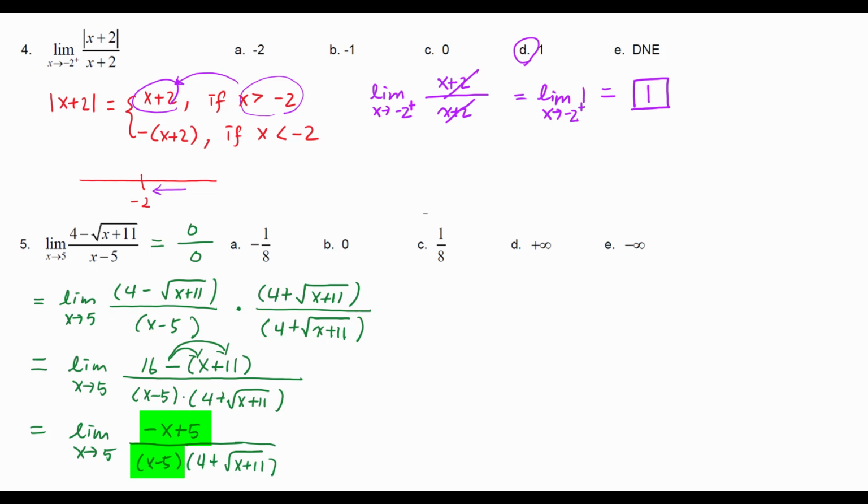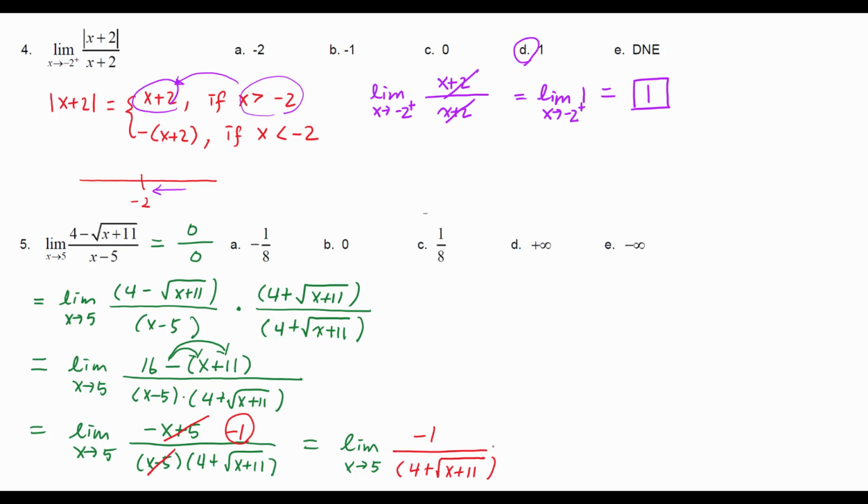But negative x plus 5 and x minus 5 are opposite. So you can cancel, but because they are opposite polynomials, you will get a quotient of negative 1. So limit as x approaches 5. Like I said, you can cancel them, but you're going to have a negative 1 factor in there.